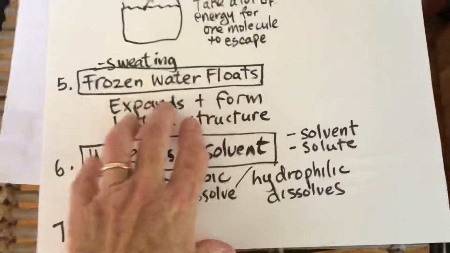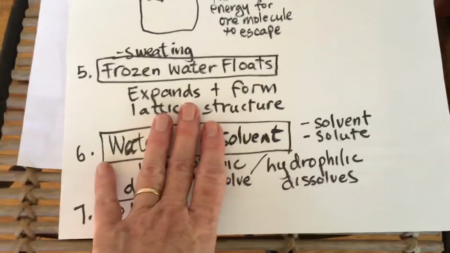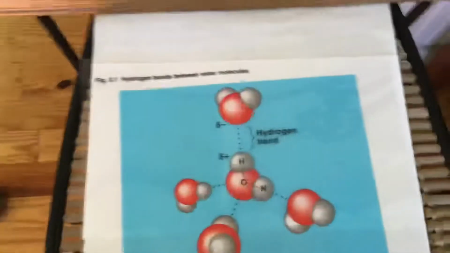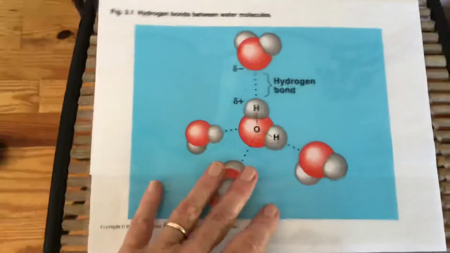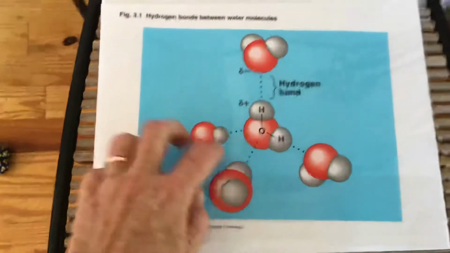Okay, the next thing we're going to talk about is frozen water. Frozen water, or water that forms all of the covalent bonds that it can, like in this picture, can form a maximum of 4 covalent bonds. So when it does that, this takes up a lot more space than water as a liquid.